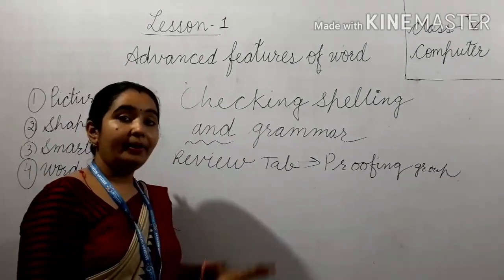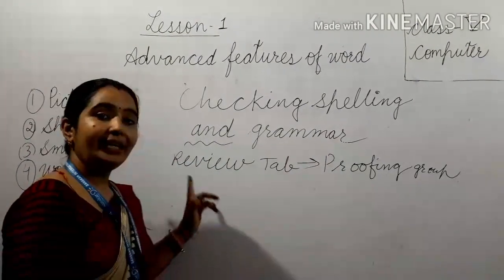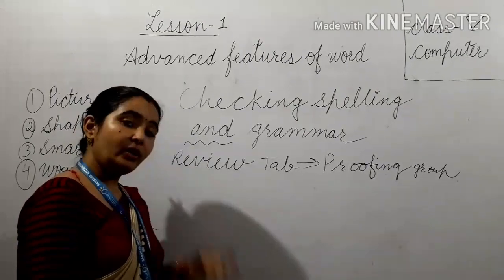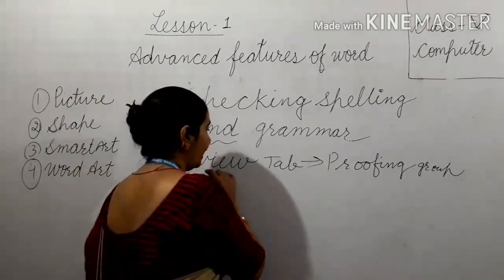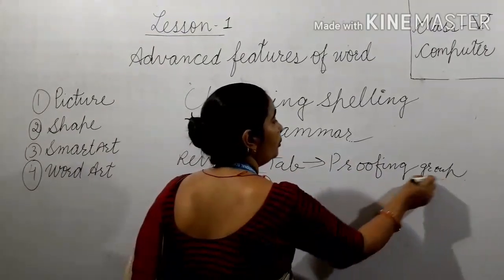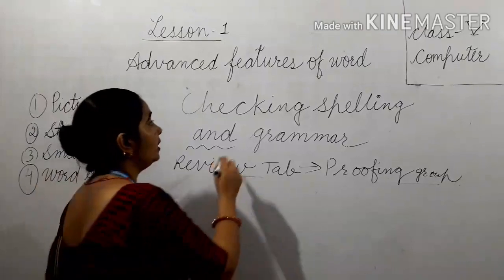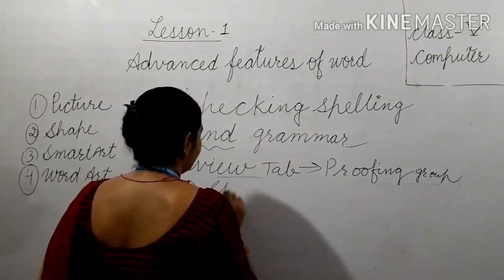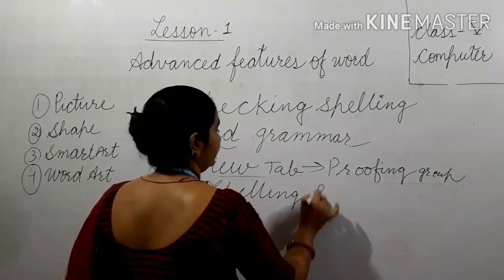For applying spelling and grammar checking, you have to click on review tab. Once you have typed the document, you have to click on review tab. In review tab, you have to click on proofing group. In proofing group, you have to choose the option that is spelling and grammar.